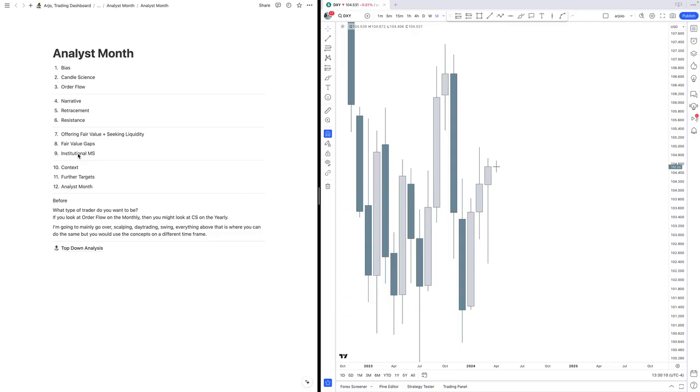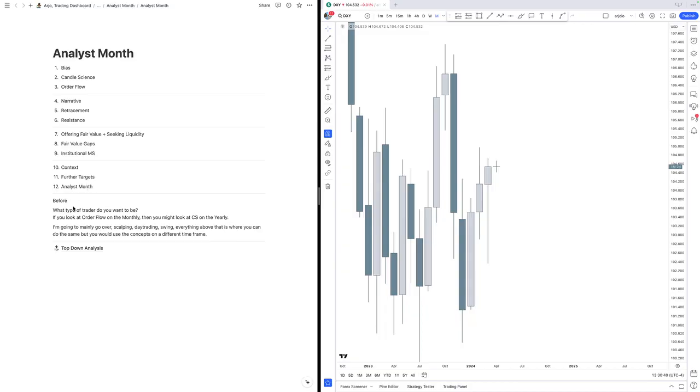And that then, when we find the best price action, leads to context, understanding if we need maybe a little more confirmation instead of just going for the first context area. And that also led to a video on further targets, which is where we are right now, the Analyst month video. So that is how we designed the videos, hopefully with a good understanding of how the videos are in the right order.